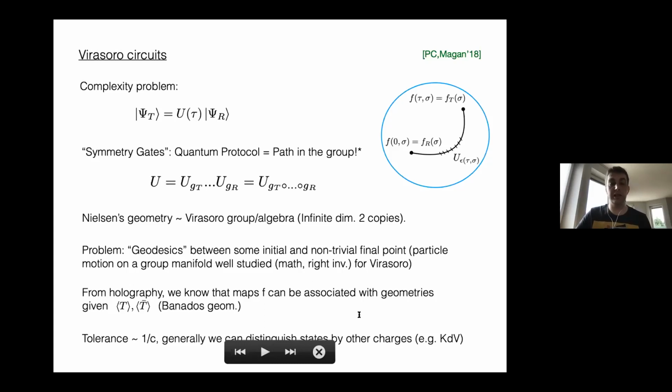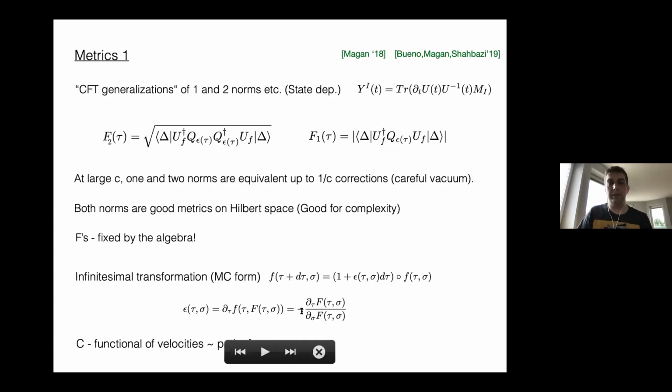And also in this case, of course, there is a natural way to think about tolerance because we can distinguish these geometries up to 1/c corrections. So if we really want to distinguish them, maybe we need to specify some other charges like KdV charges or whatever, something that is sensitive to 1/c information, but at large c, these two are okay.